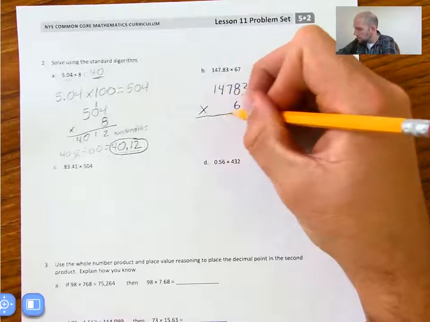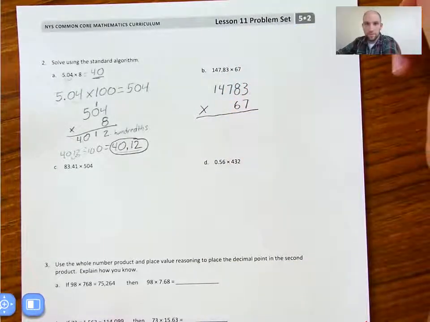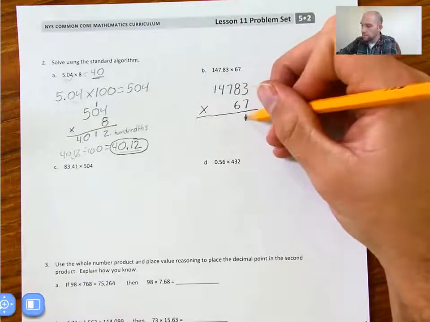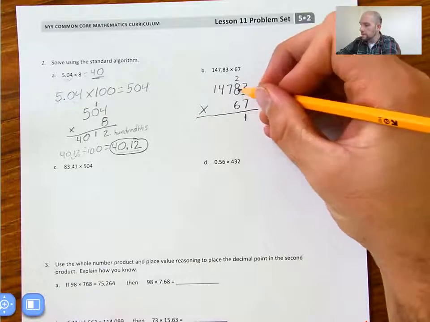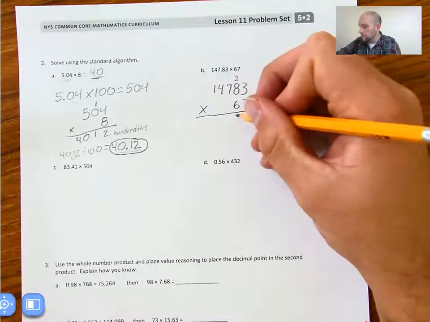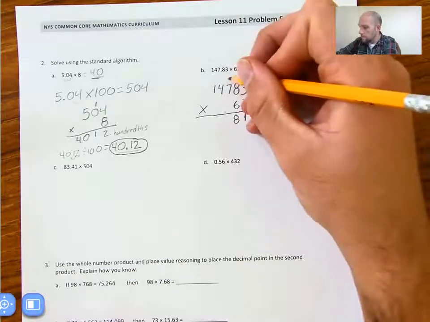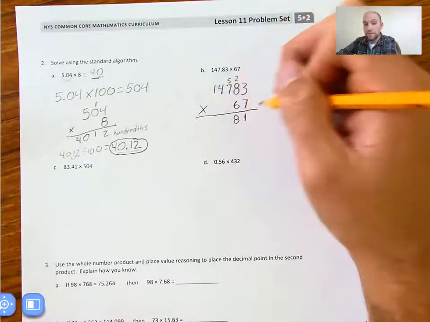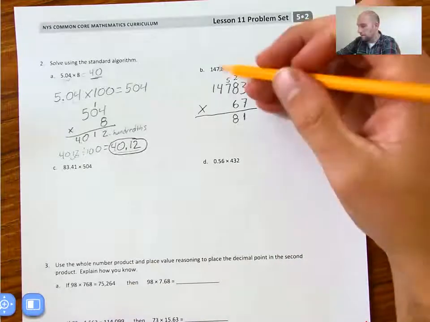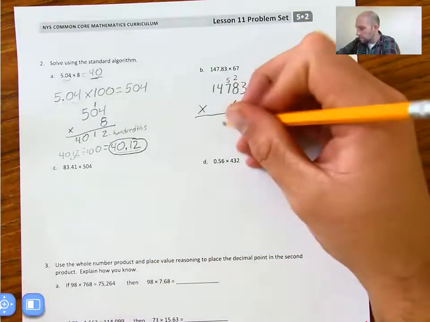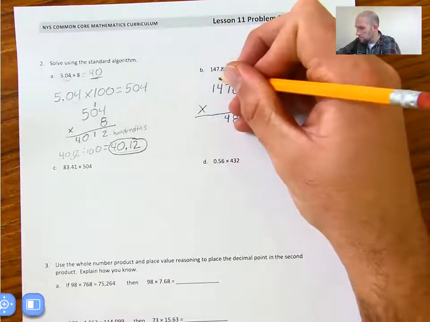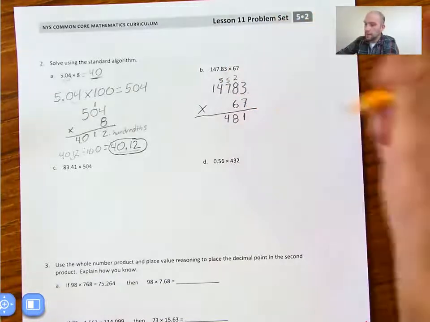All right, so this one's going to take a minute, but we're going to use the same process. We'll make sure we take our time. 3 times 7 is 21. 8 times 7 is 56, plus 2 is 58. 7 times 7 is 49. 49 plus 5 is 54. 4 times 7 is 28.